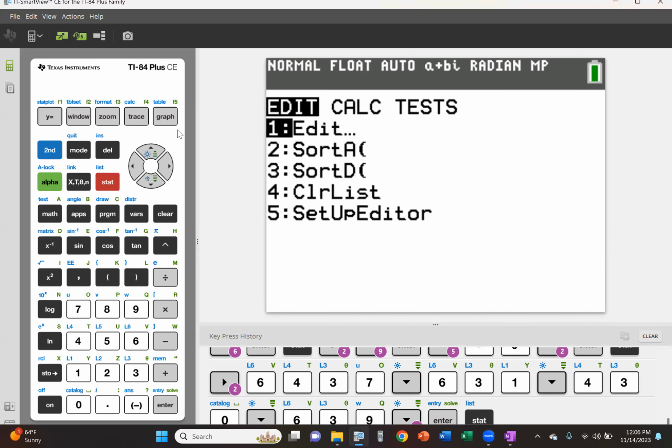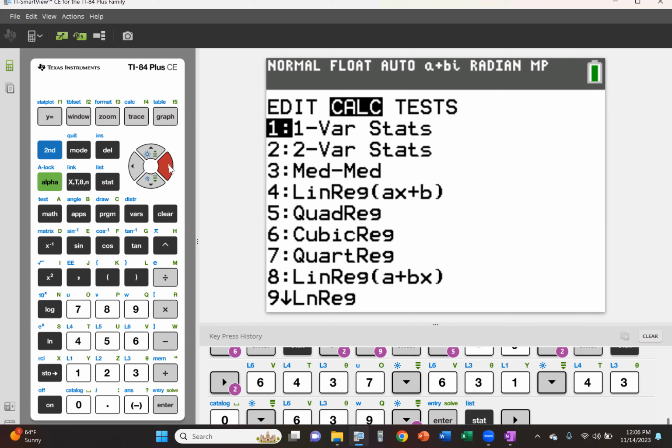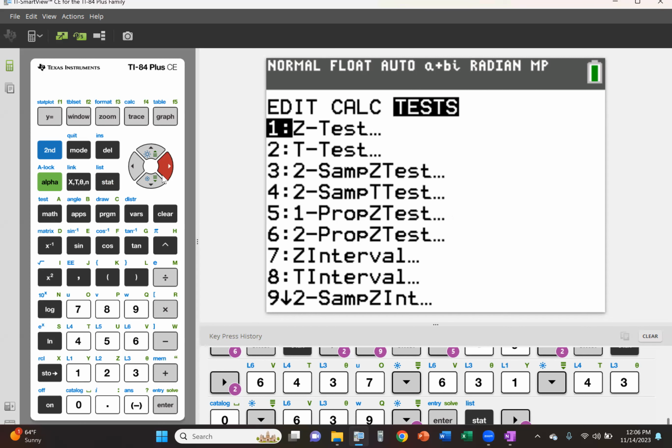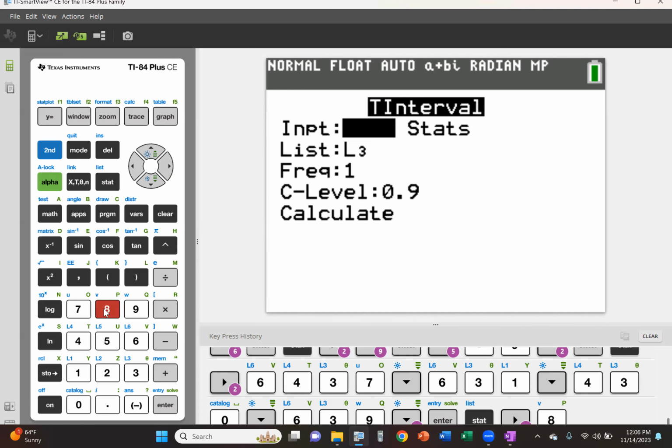So stat, tests, and we're going to do a t-interval. And we're doing a t-interval because they didn't give me sigma. So we're going to do number 8, and then just put those stats in that they gave me.